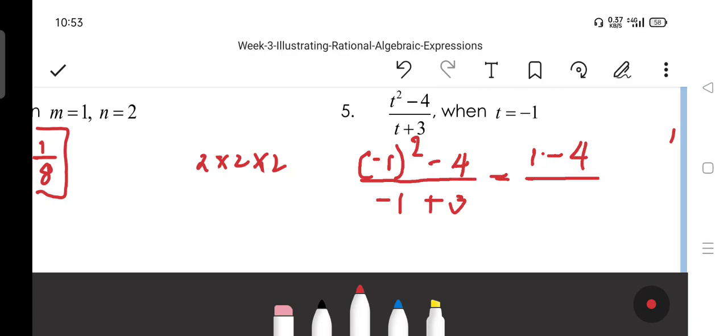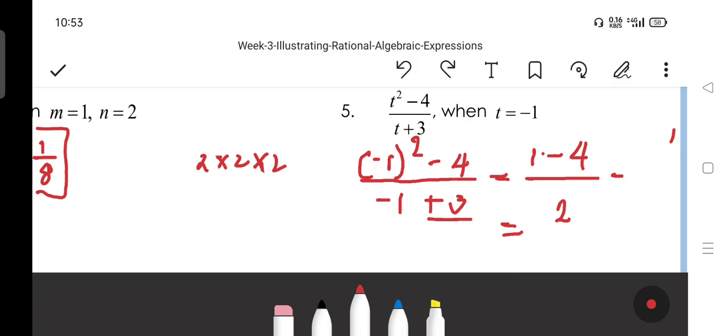Again, recall, if we are adding unlike signed numbers, simply subtract and then copy the sign of the bigger number. So we have negative 1 plus 3. Unlike signs, that means 3 minus 1, we have 2. And what is the sign of the bigger number? It's positive. I'm sorry.